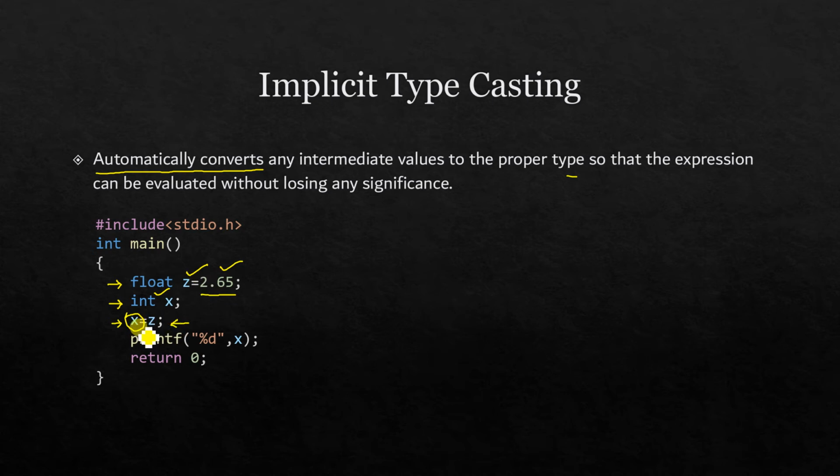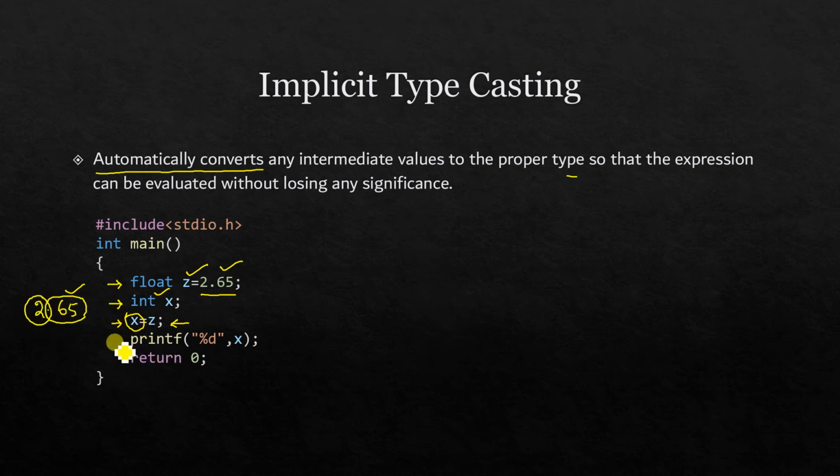So what exactly will the compiler do? In this question it is given 2.65. The compiler will discard the 0.65 from the given number, and only 2 gets assigned to x.